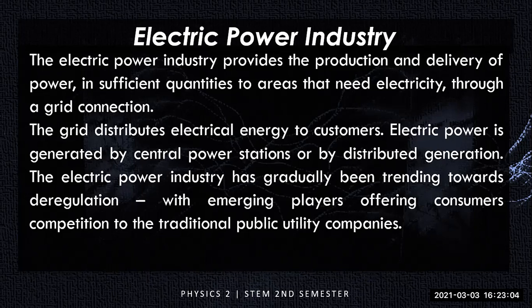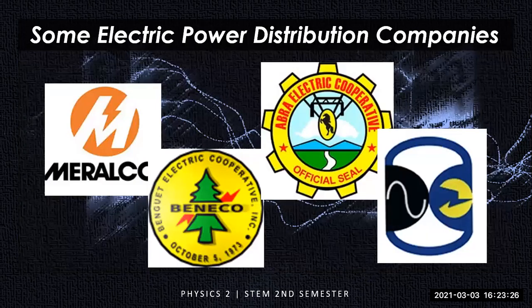So there's been a gradual trend towards deregulation, meaning that instead of public utility companies or the government handling this, the private sector now has the capability to compete or offer consumers a competition to the traditional public utility companies. So these are some electrical power distribution companies here in the Philippines.